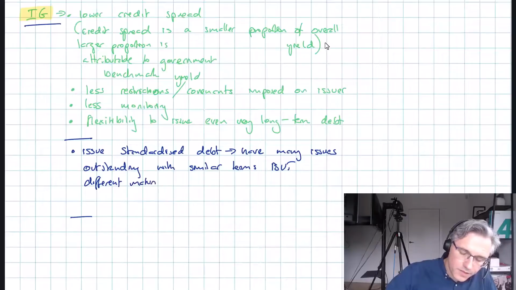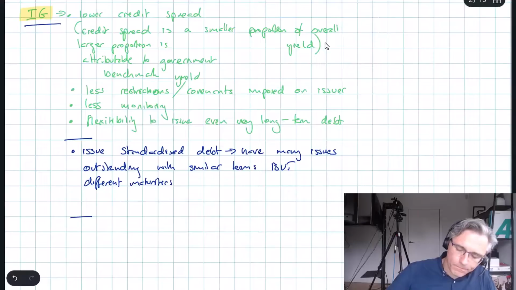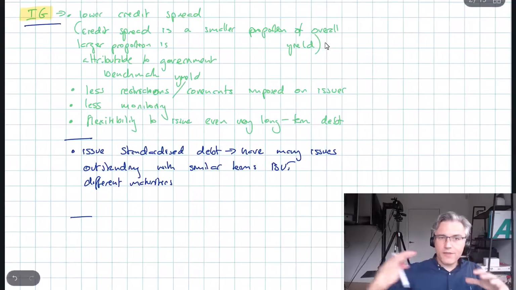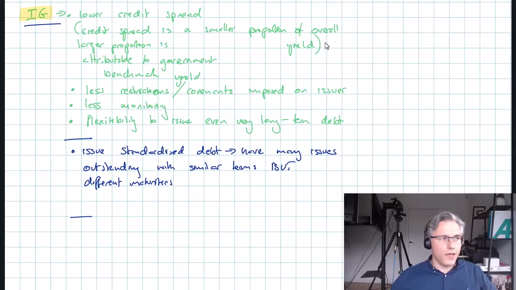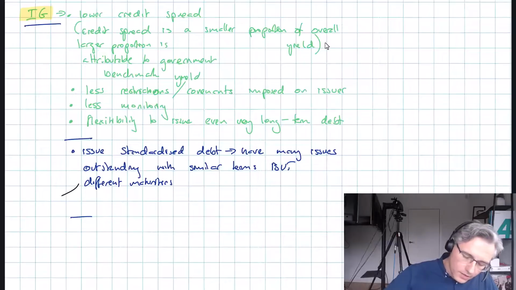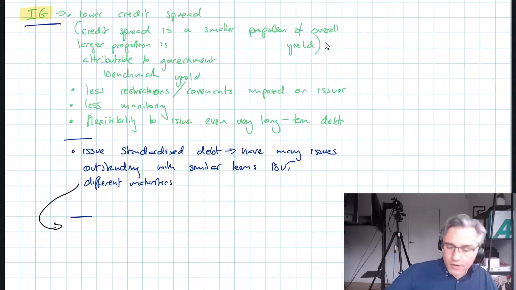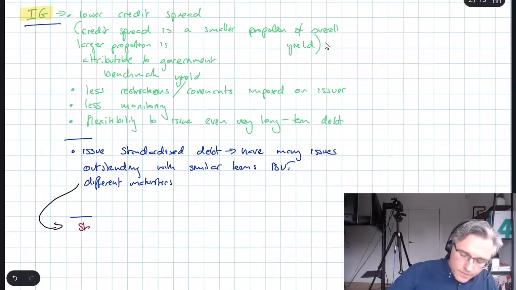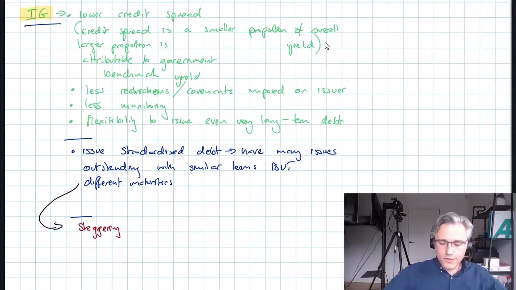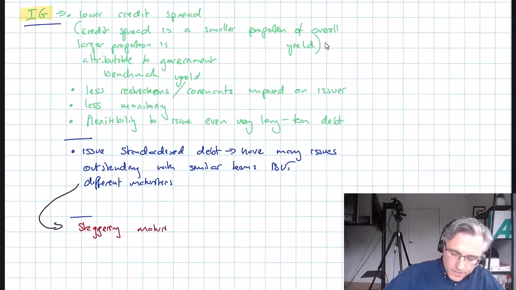The point is, you want to stagger the maturities. You don't want to have all your debt. So this is called staggering of the maturities. Spreading them over time.